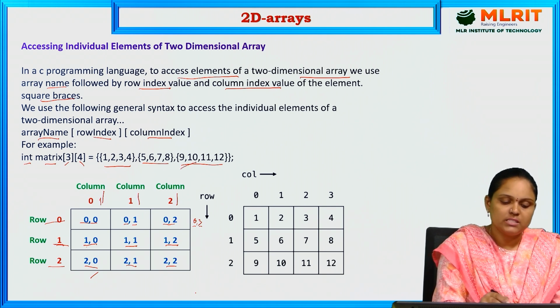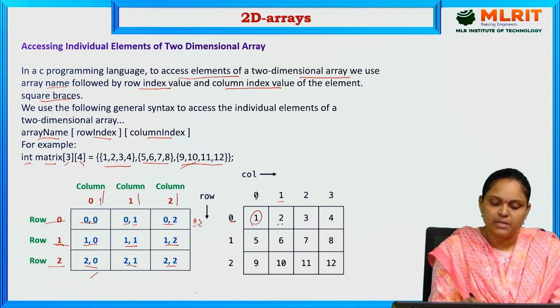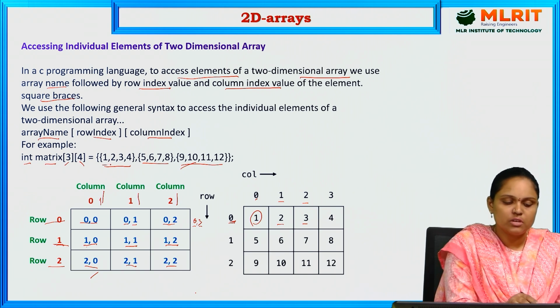As given in the example here, the values are placed in this matrix. At the 0th row and 0th column, we have the element 1, at the 0 index and first column we have the element 2, and at the 0 index and second column we have the element 3. The first row elements are 1, 2, 3, 4.